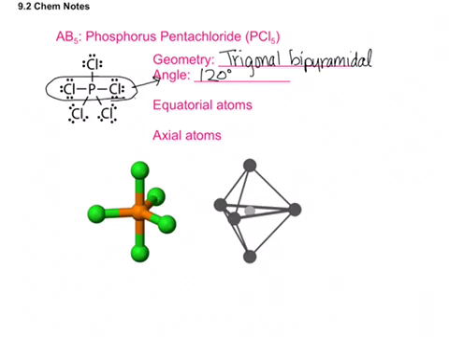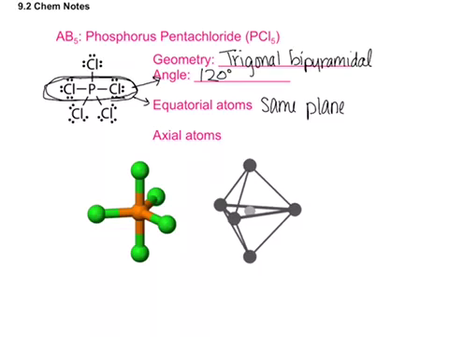And we call those 3 atoms the equatorial atoms because they all lay on the same plane. Remember, when we talk about being on the same plane, if you were to put this structure on a piece of paper, all 3 of these would touch that piece of paper.